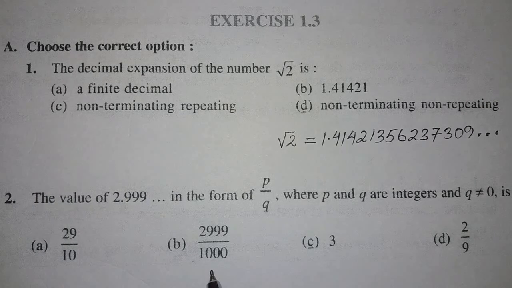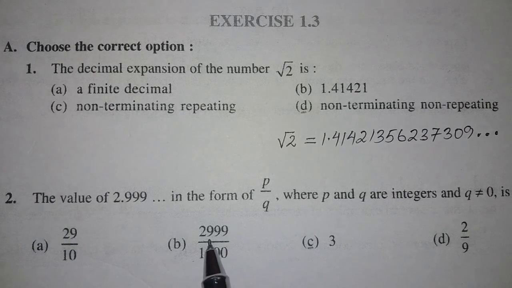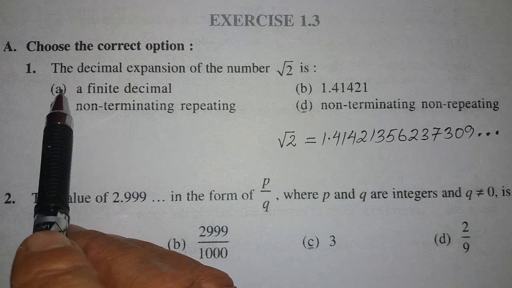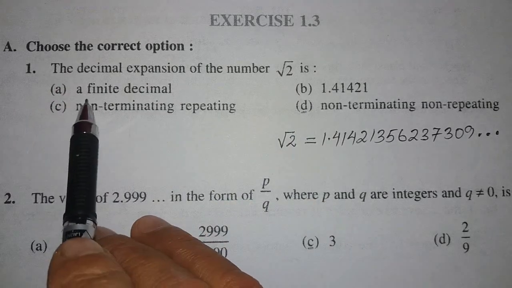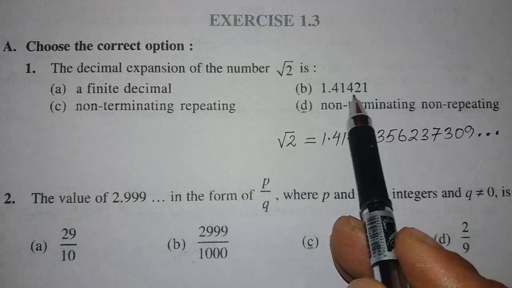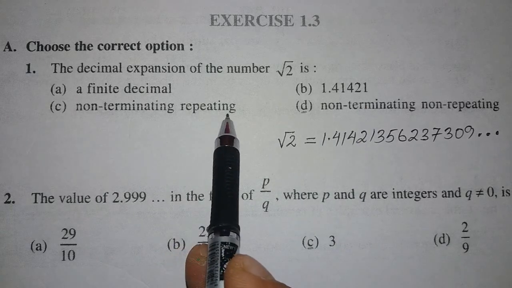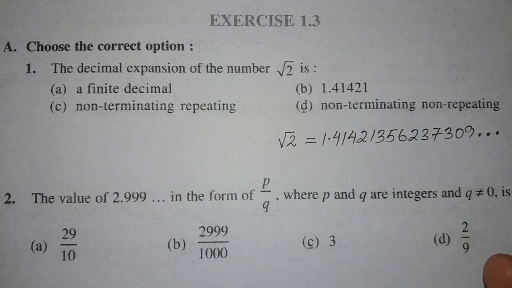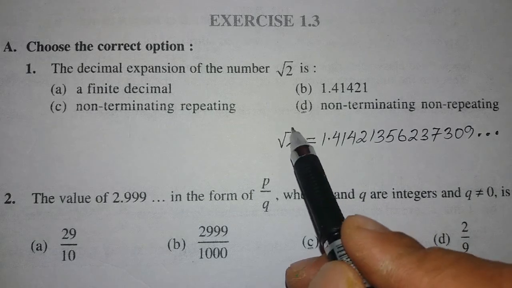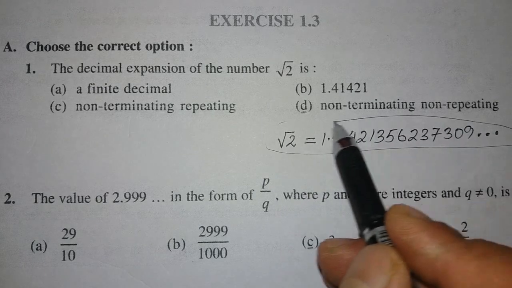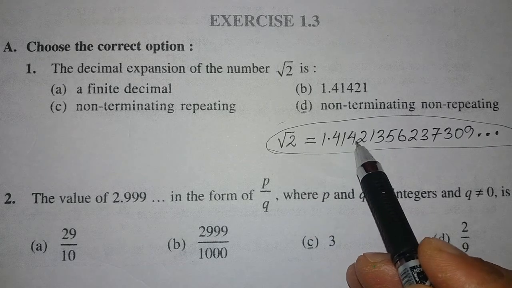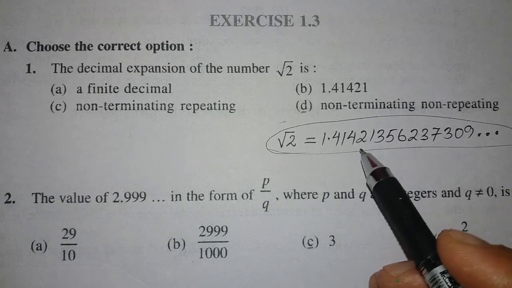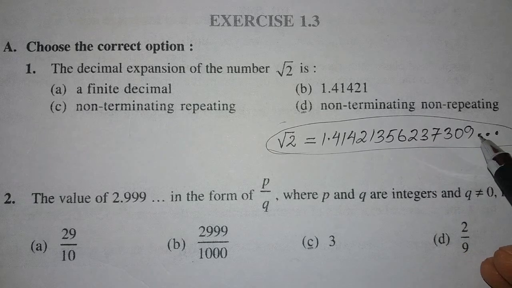Okay, now we're moving on to exercise 1.3. The first question is, the decimal expansion of the number root 2 is a finite decimal, non-terminating repeating, or non-terminating non-repeating. The value of square root 2 I have written down here. Root 2 is 1.414213562. It keeps on going without repeating and without ending.